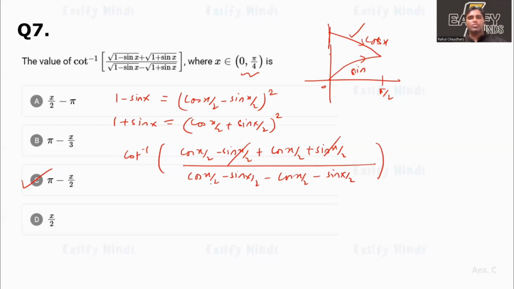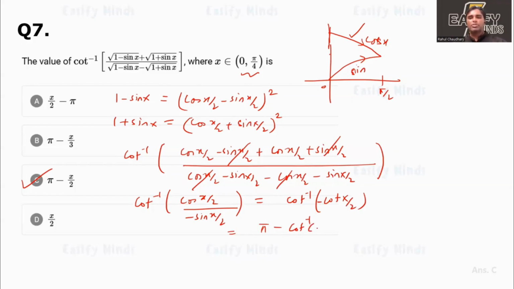Sin got cancelled, cos got cancelled. So cot inverse, 2 cos 2 get cancelled. Cos x by 2 with minus of sin x by 2. So cot inverse cot x by 2 with minus sign. So cot inverse minus, so pi minus cot inverse cot x by 2. So we get the answer as pi minus x by 2.